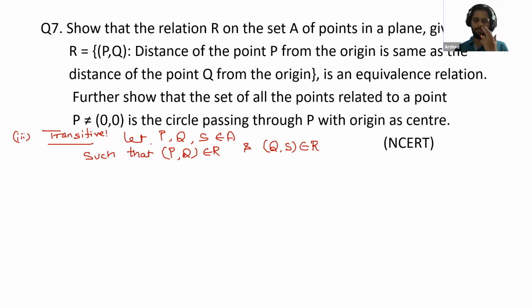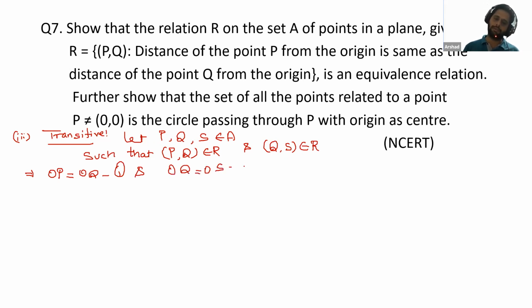We have assumed 3 points in this set A, such that P comma Q belongs to R and Q comma S belongs to R. This implies from the first relation we get OP is equal to OQ, this is one, and from the next one we can say OQ is equal to OS, this is second.